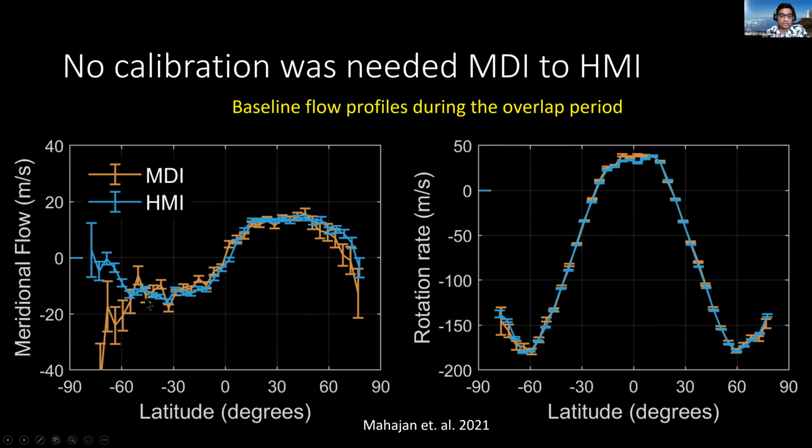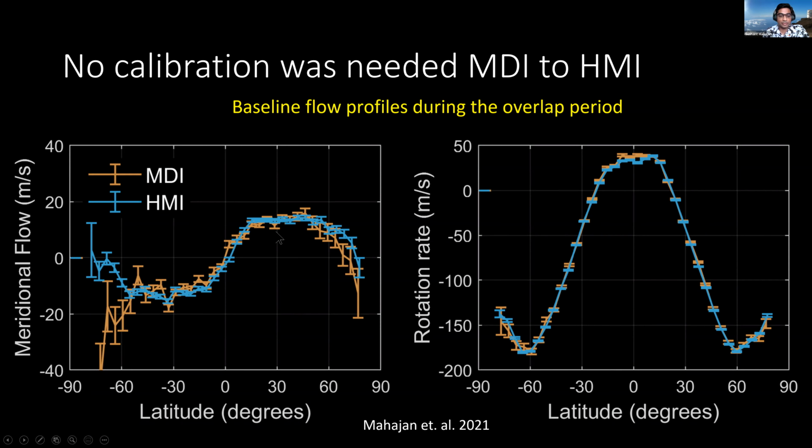You can see that within 45 to 50 degrees latitude, the meridional flow velocity pretty much agrees across MDI and HMI. At high latitudes, MDI does some weird stuff, which I don't really believe.